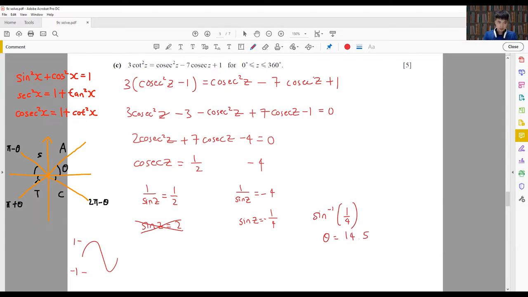To find these two values, it is either 180 plus 14.5, which gives us 194.5 degrees, or 360 minus 14.5, which is 345.5 degrees. These two will be the answers for this part of the question.